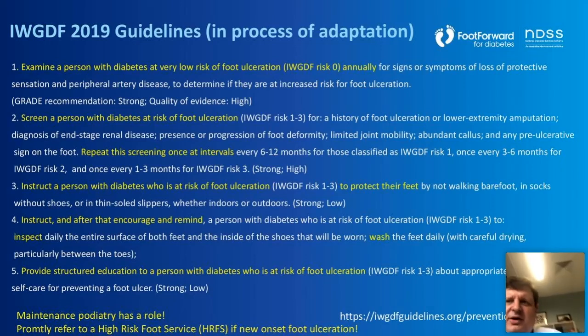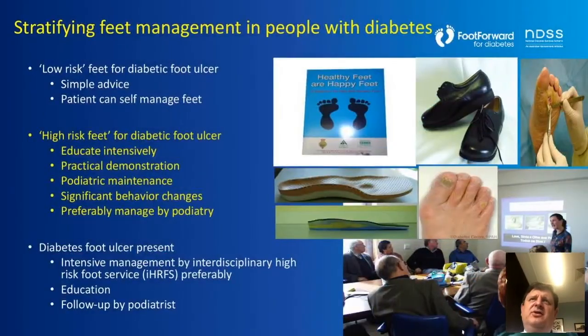And we believe also, sorry for the typo there, but prompt referral if a new onset ulcer develops to an established high-risk foot service that has the multidisciplinary skill set to help an ulcer to be healed, hopefully, in a timely manner is critically important. So if we move on to the next slide, this is a simplistic stratification concept.